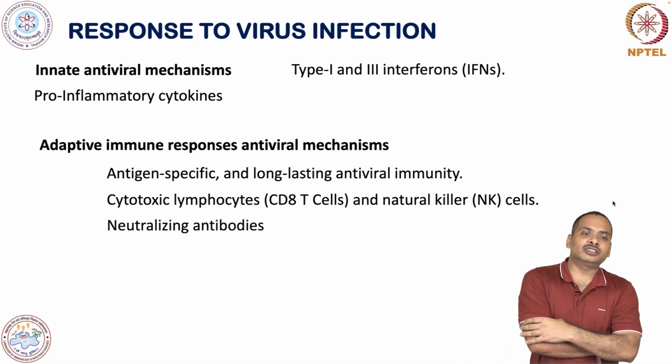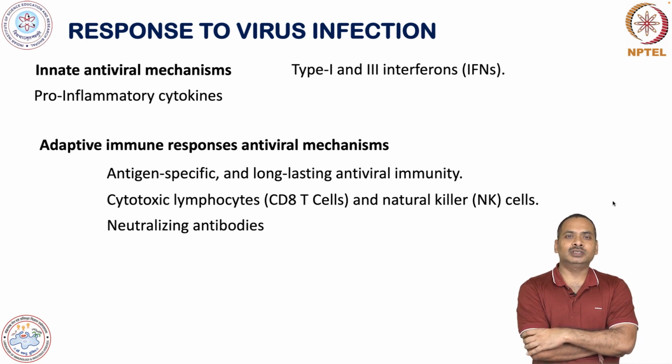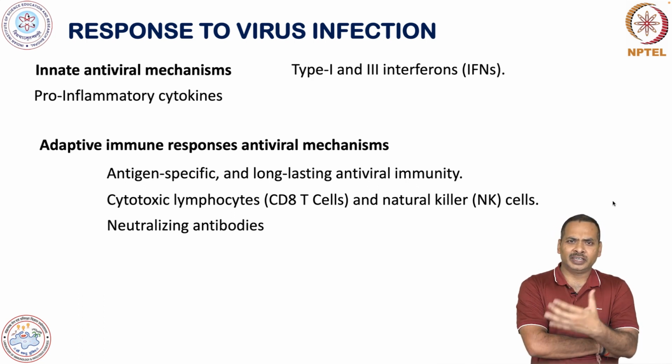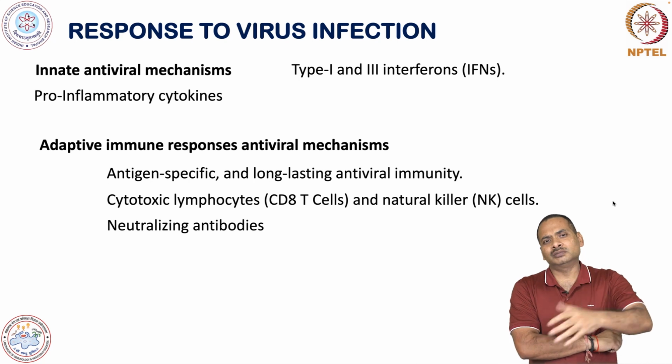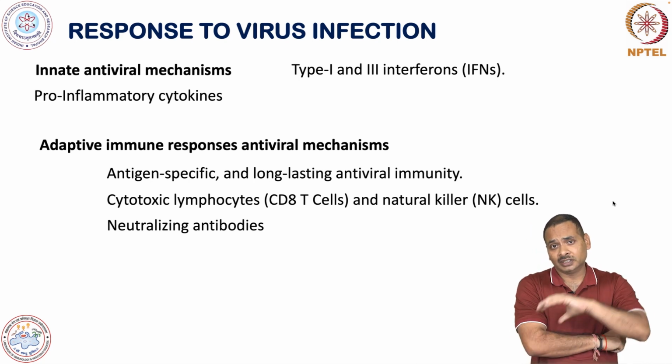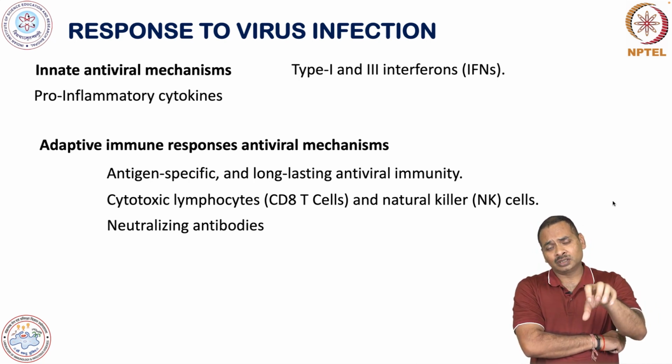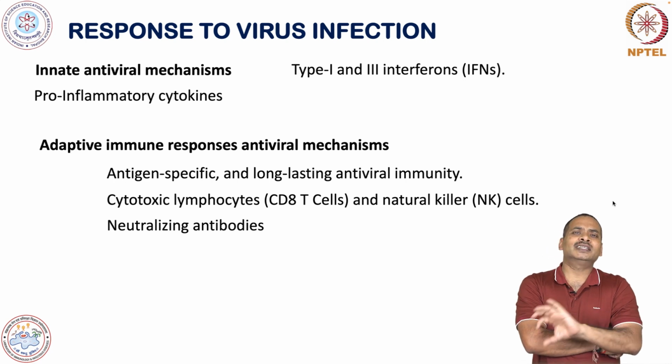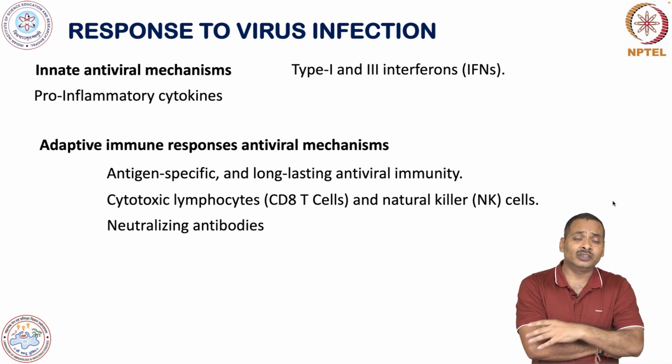There will be generation of neutralizing antibody. A lot of antibody will be generated, which will basically mask the viruses. So antibody can coat these viral particles, and then they will be phagocytosed. This is one way.